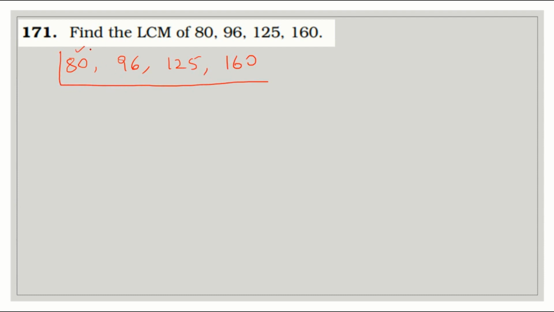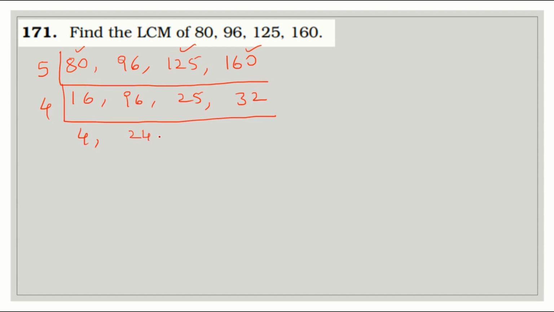Here 80, 125 and 160, these three numbers are divisible by 5. 5 16s are 80, 96 comes as it is, 5 25s are 125, and 5 32s are 160. Next, except 25, the remaining three numbers are divisible by 4. 4 4s are 16, 4 24s are 96, 25 comes as it is, 4 8s are 32.